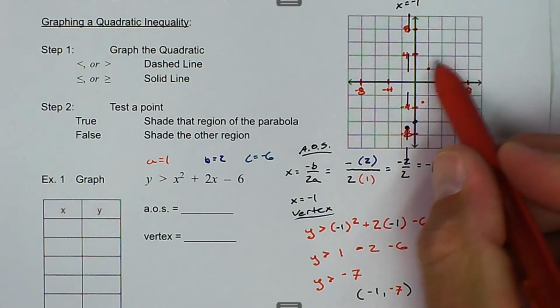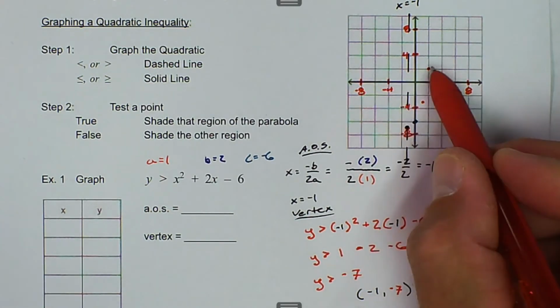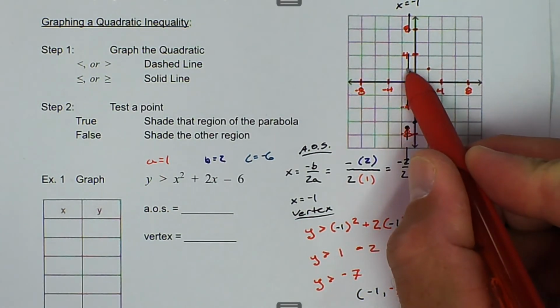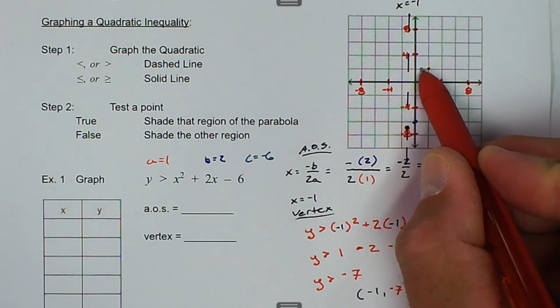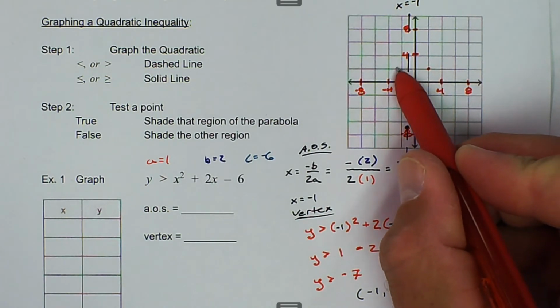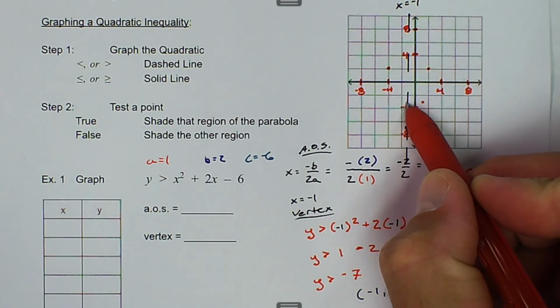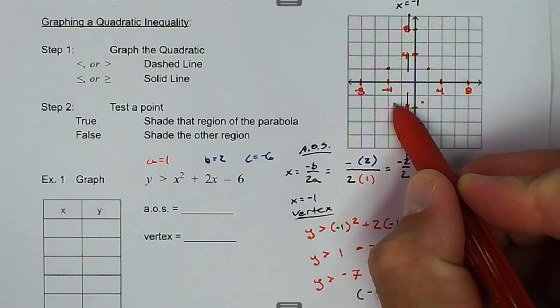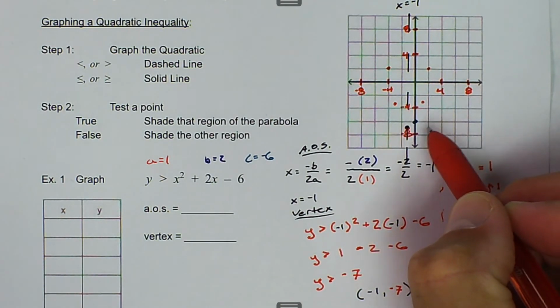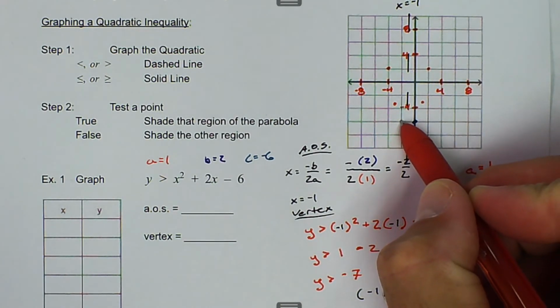Then we can use our axis of symmetry to get the left-hand side. How far is this away from the axis of symmetry? 1, 2, 3 on each side.